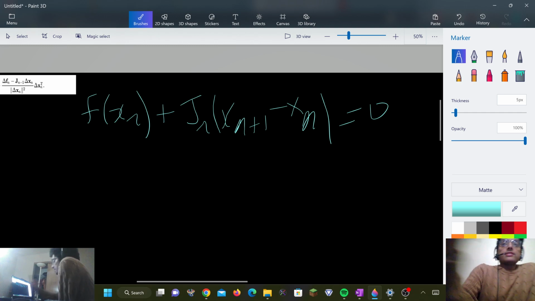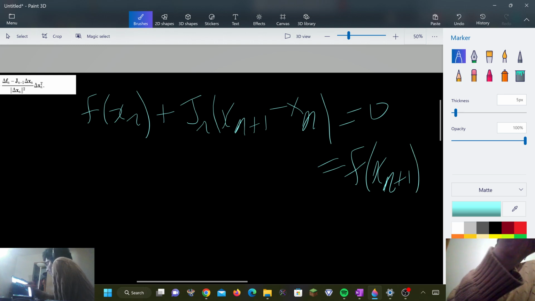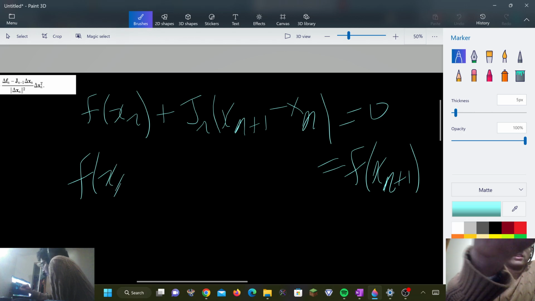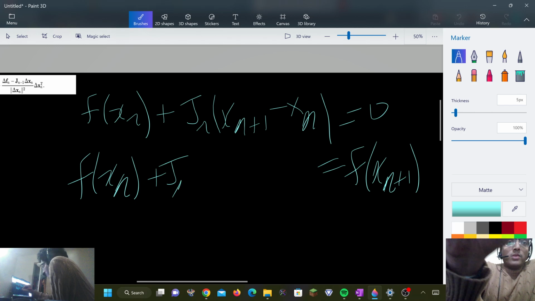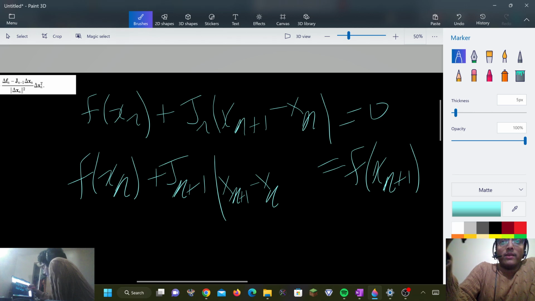But in practice, that's not really what happens. Usually what this equals is f evaluated at the next point, and then you're still going to have this f of x sub n, and you're going to use your updated Jacobian, so Jacobian n plus 1, times (x sub n plus 1 minus x sub n).